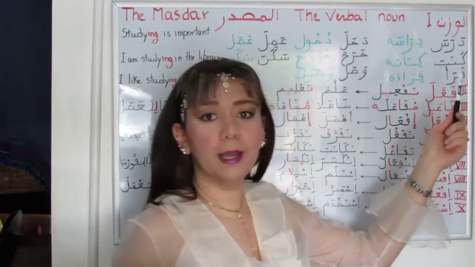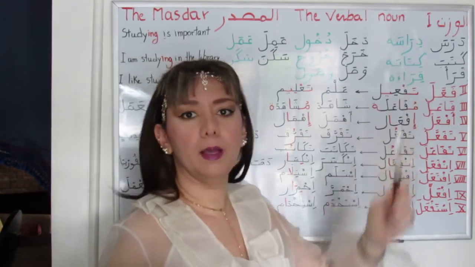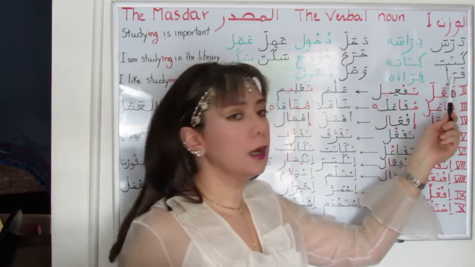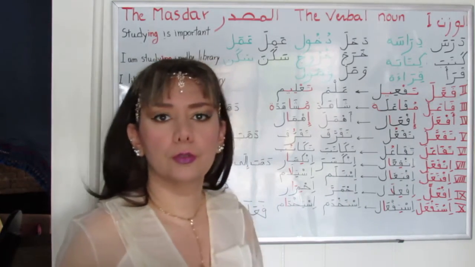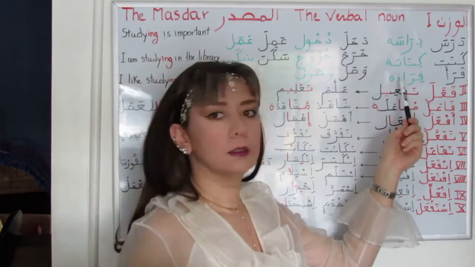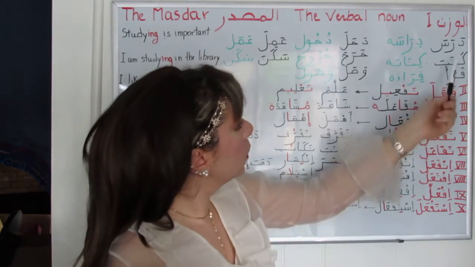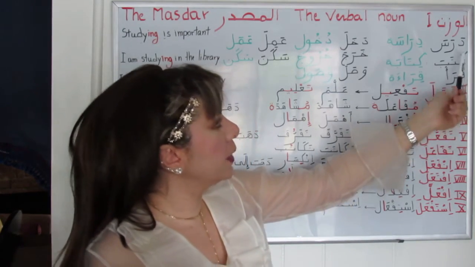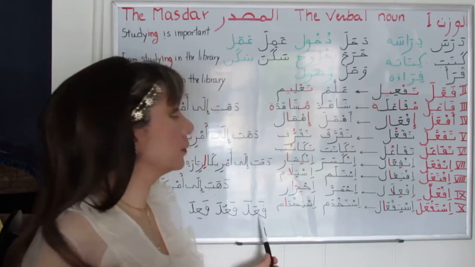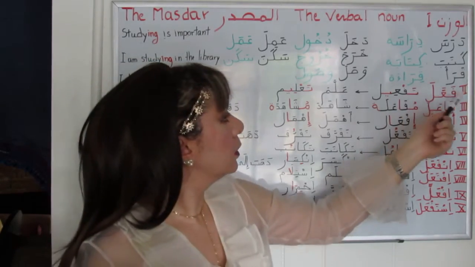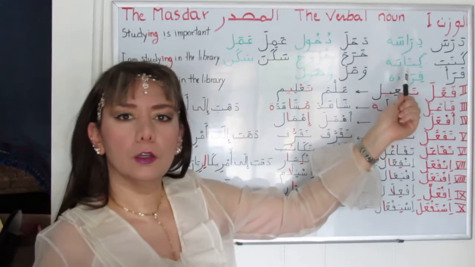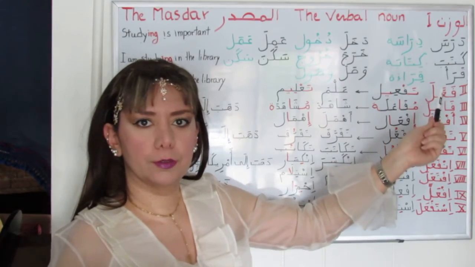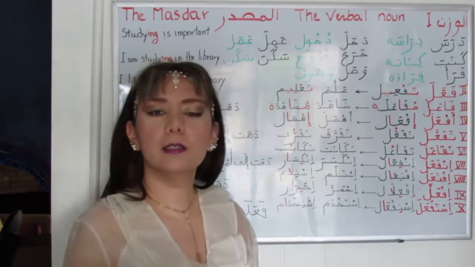Kataba, to write. Kitaba, writing. Qara'a, to read. Qira'a, reading. So these follow the pattern fa'ala, and they have a similar verbal noun pattern. So قراءة, كتابة, دراسة.